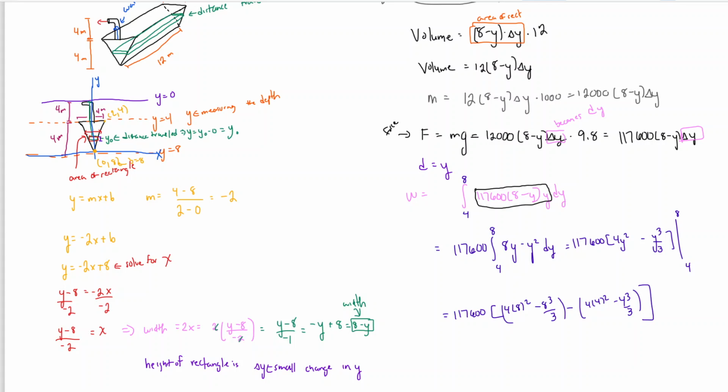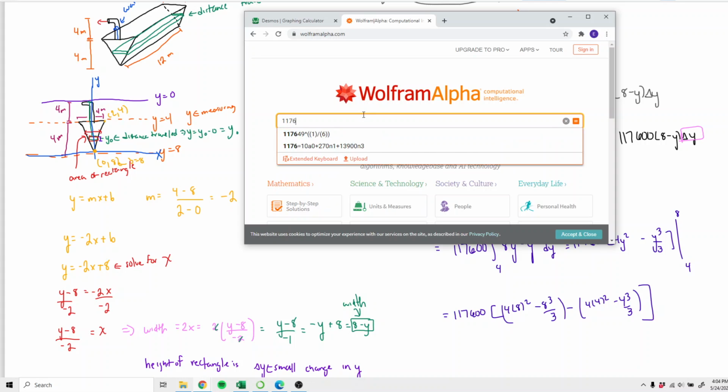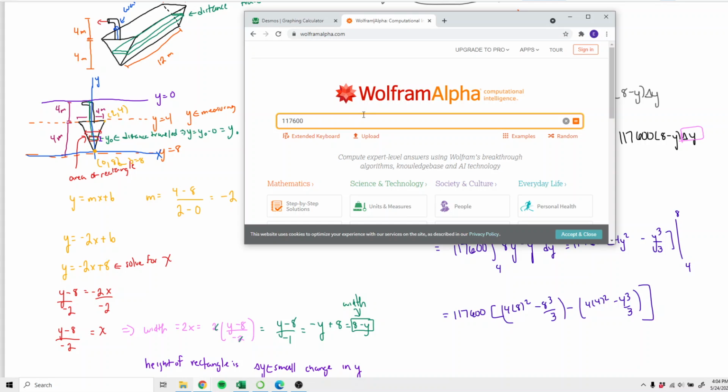And at this point, we've done so much work that it's probably best, especially to be careful, to just use a calculator. We have 117,600, and I'll use double parentheses. Once for the outside, the first inside, we have 4 times 8 squared minus 8 raised to the 3 divided by 3.